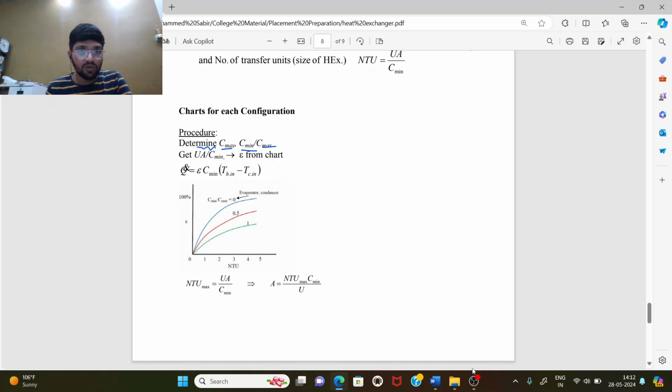First find the NTU, on the basis of this NTU find the epsilon, and then substitute here C minimum to get Q. It is basically kind of subjective.